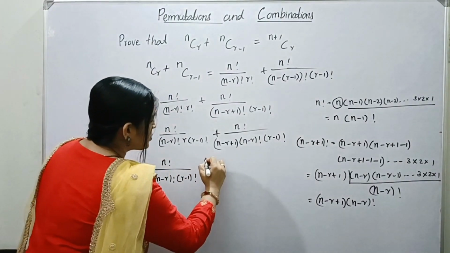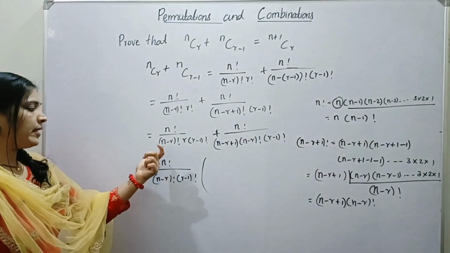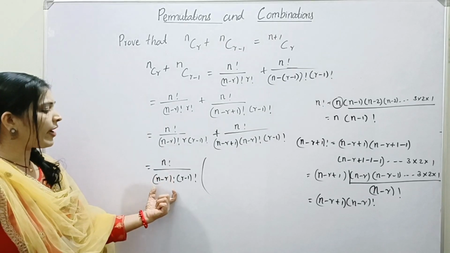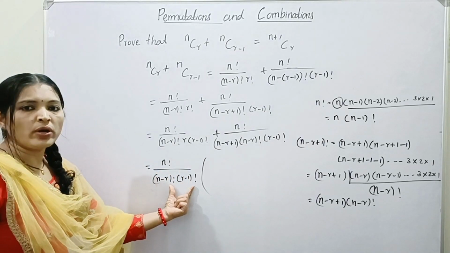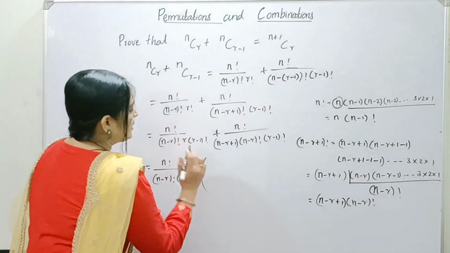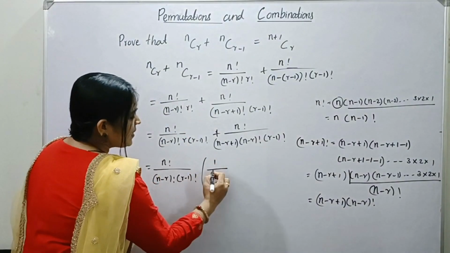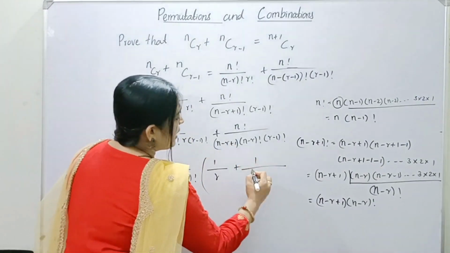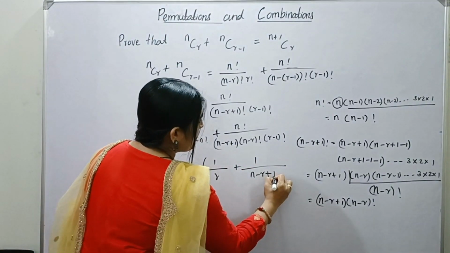So we have taken n factorial divided by n minus r factorial into r minus 1 factorial out. Remaining here are 1 by r plus 1 by n minus r plus 1.